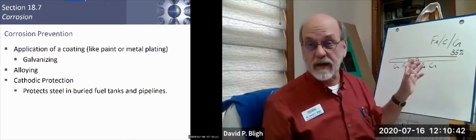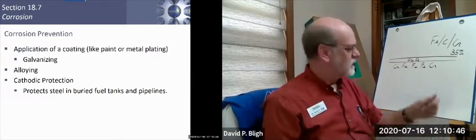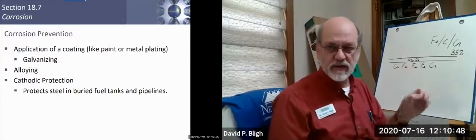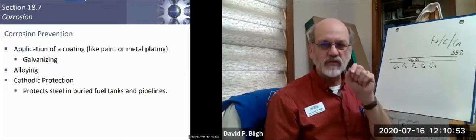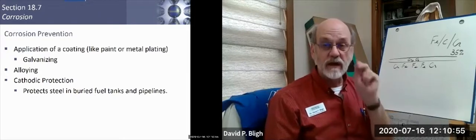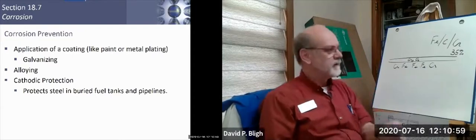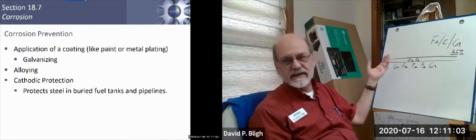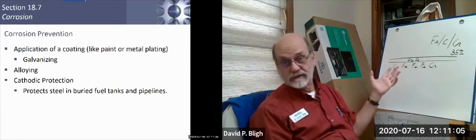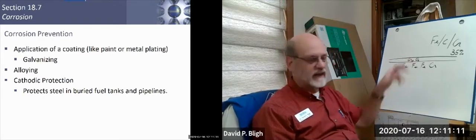Chromium oxide on the layer, on the surface. It reacts so fast that if you scratch stainless steel that's been polished and it's nice and shiny, you see the scratch? That scratch will fill with chromium oxide almost instantly and seal the underneath. So that's why when you polish stainless steel, it stays shiny forever. Because of that protective layer.